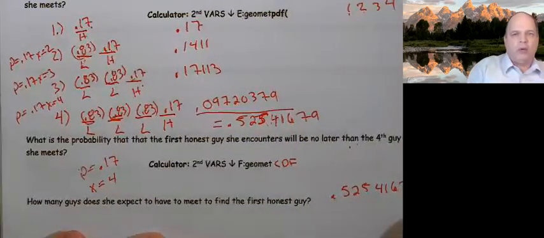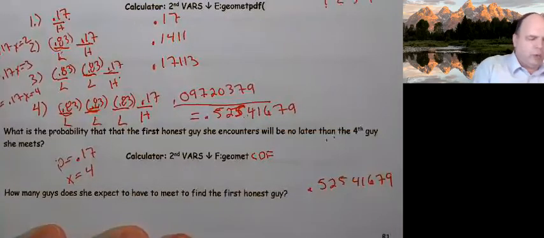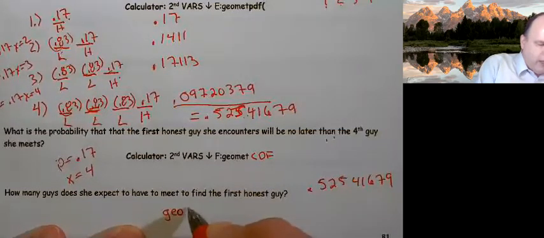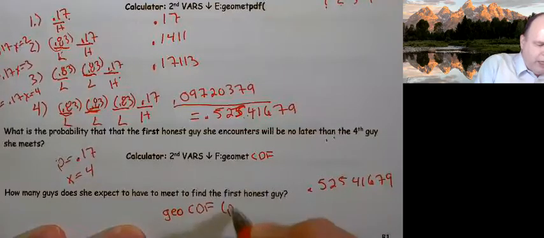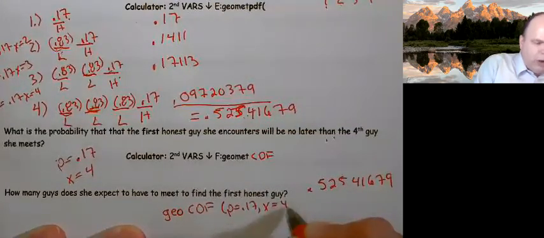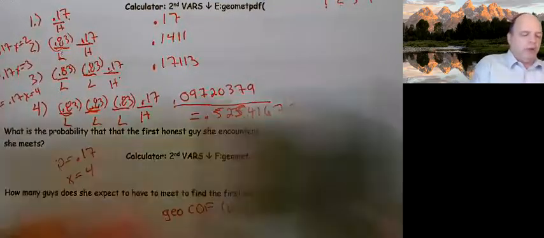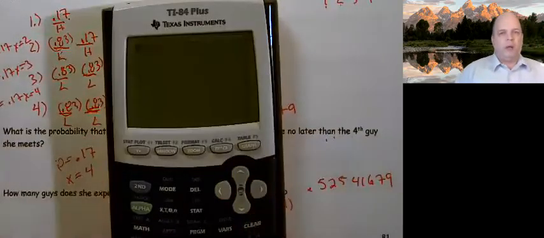And you're like, well, what work do I need to show for this? So here's what I need to see from you if you're showing work. I need you to say, well, it's a geometric CDF, and then you're going to say P equals 0.17, X equals 4. That would be your work shown, and then you type in the calculator. And I'm going to do that really quickly again so you can watch one more time.